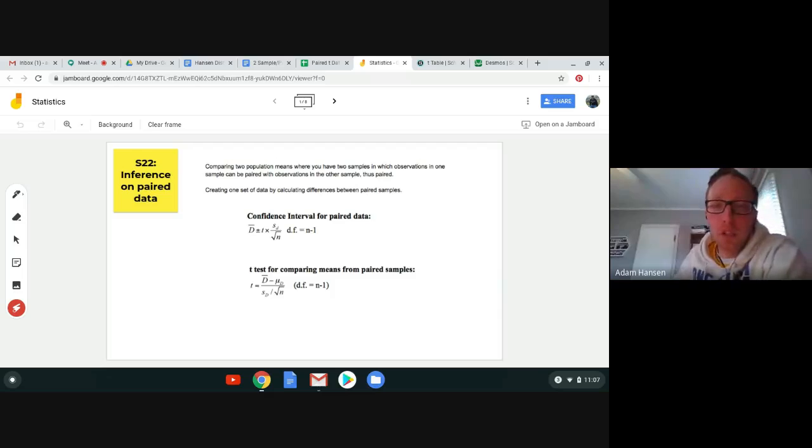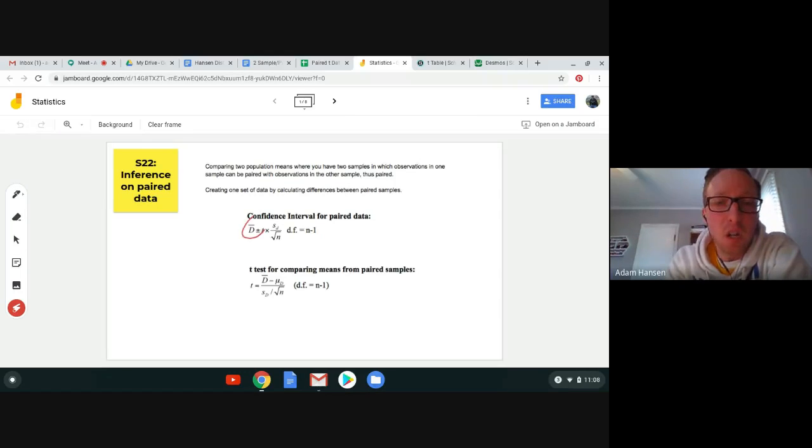Comparing two population means where we have two samples in which one sample is paired with observations from the other, thus paired. We're taking two samples from the same population, thereby creating one set of data of paired differences. So, noteworthy formulas for confidence intervals and hypothesis testing statistics for paired data.